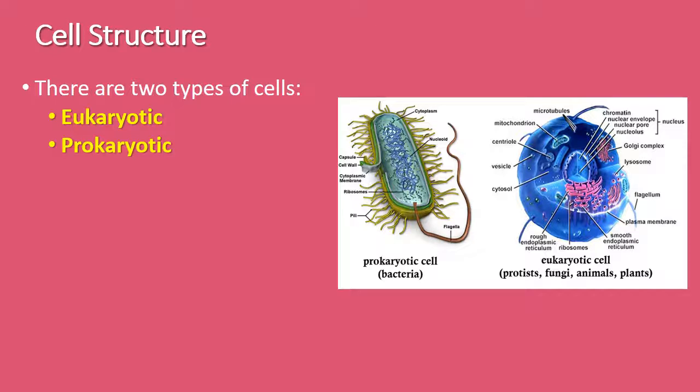The main critical points are the eukaryotic cell has a nucleus and the prokaryotic cell does not, and the eukaryotic cell is more compartmentalized, and so it has membranous organelles like the Golgi apparatus, endoplasmic reticulum, mitochondria. You probably went into a lot of detail about all these cell structures in general biology, and we're not going to do that in this class. We're just going to focus on the cell structures that are important for genetics.